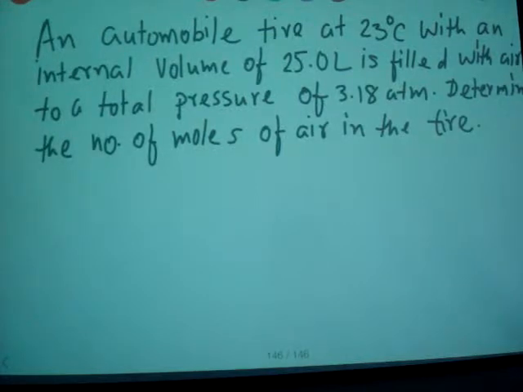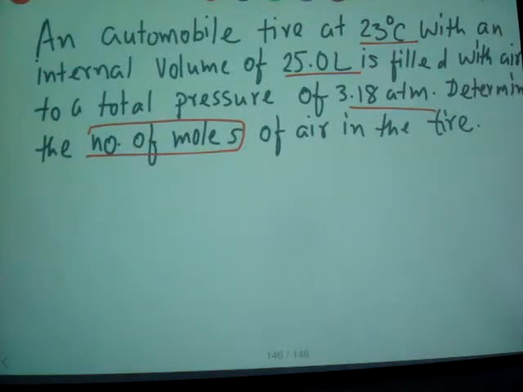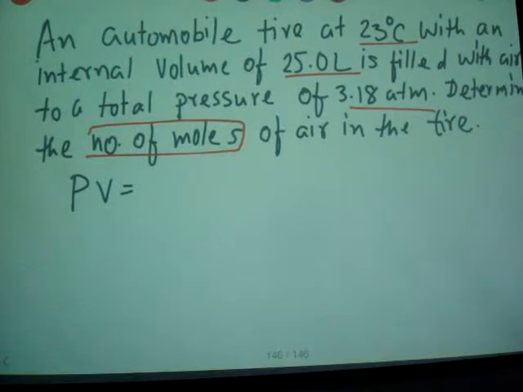So in this one, we have temperature given, volume given, and pressure given. We need to find the number of moles. We know the equation. We are going to use PV equals nRT.